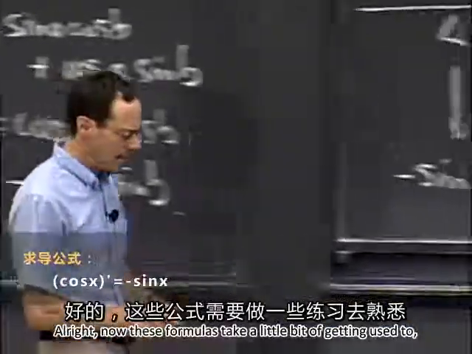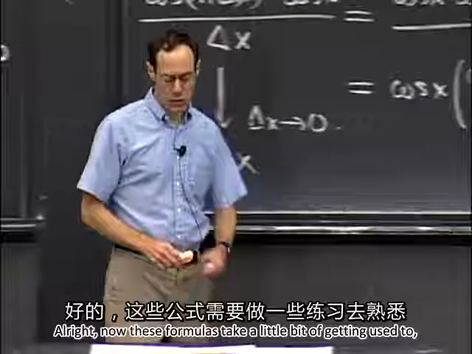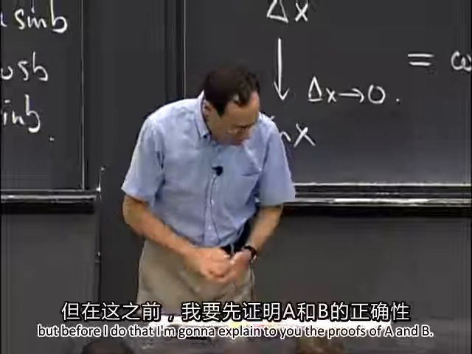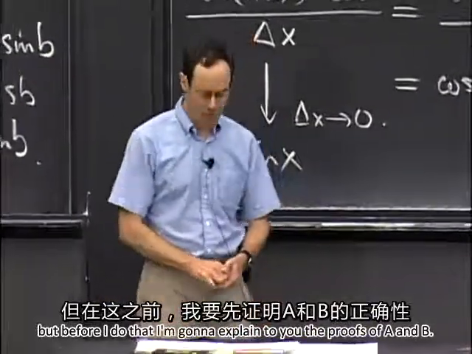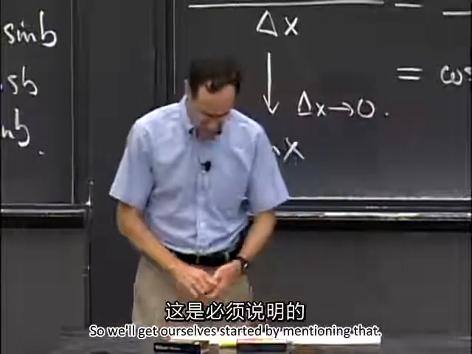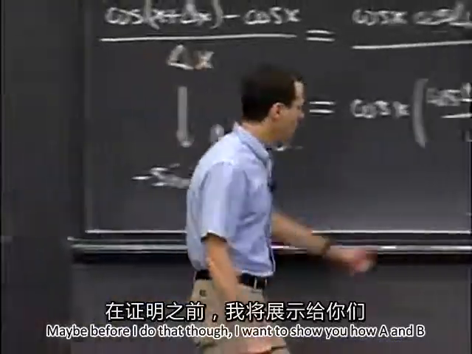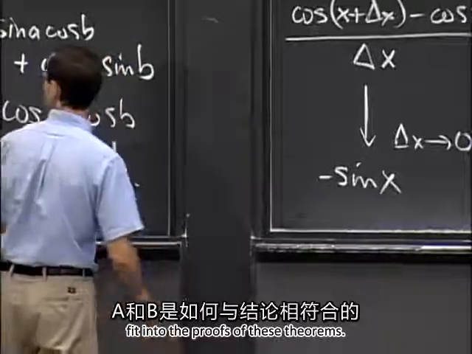All right, now these formulas take a little bit of getting used to, but before I do that, I'm going to explain to you the proofs of A and B. All right, so we'll get ourselves started by mentioning that. Now, maybe before I do that, though, I want to show you how A and B fit into the proofs of these theorems.